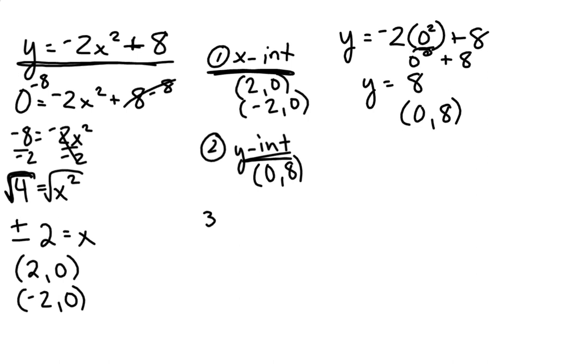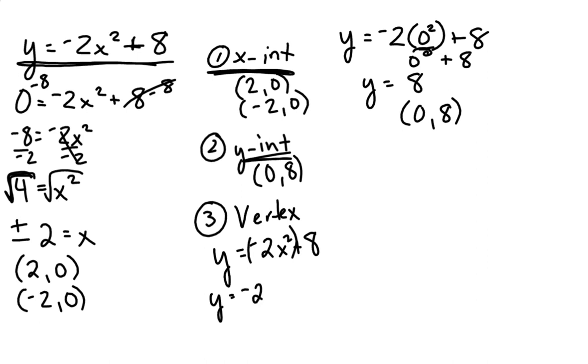Last possibility, if you really want, another possibility is to get the vertex from vertex form, because we've worked with that a lot this year that maybe you've gotten so good at it, you want to keep going. So in that case, you want to factor out so x squared is by itself. You would have negative 2x squared plus, there isn't an x value, and you have the plus 8.